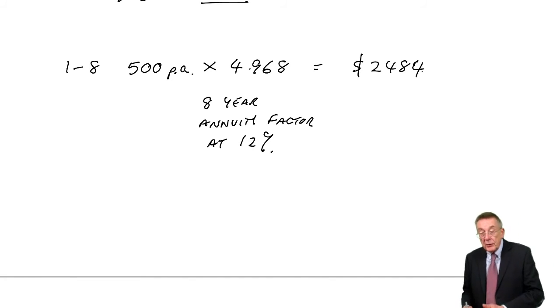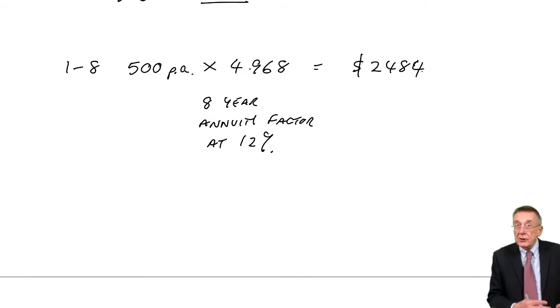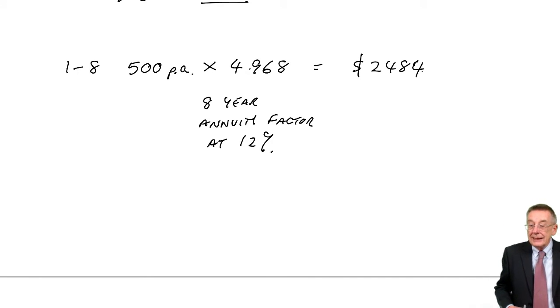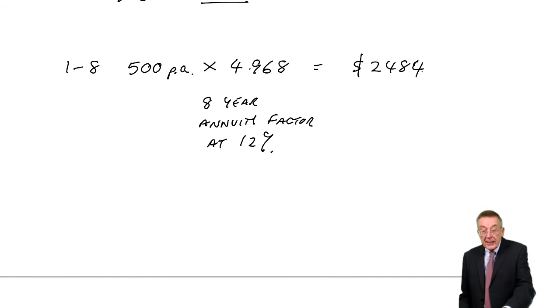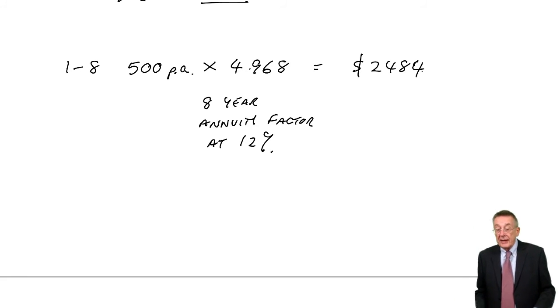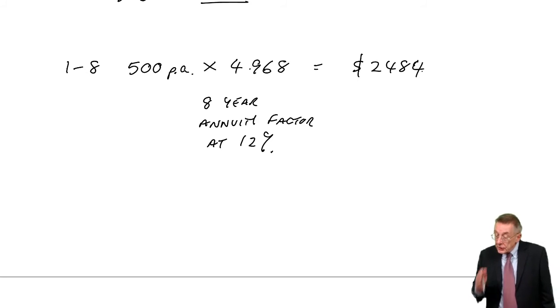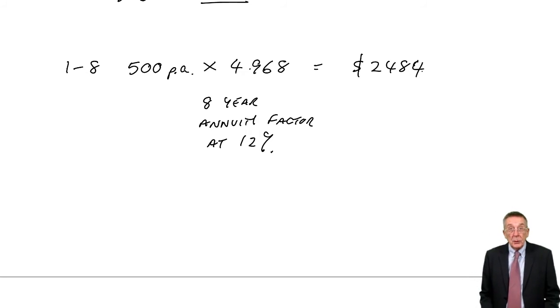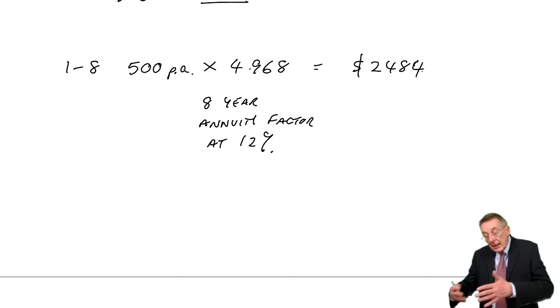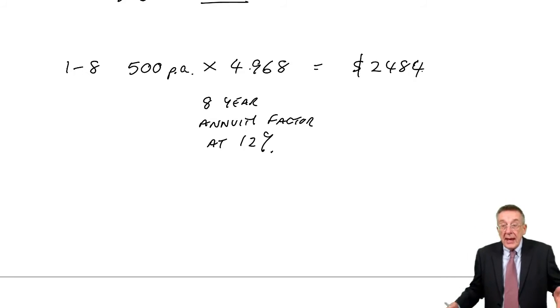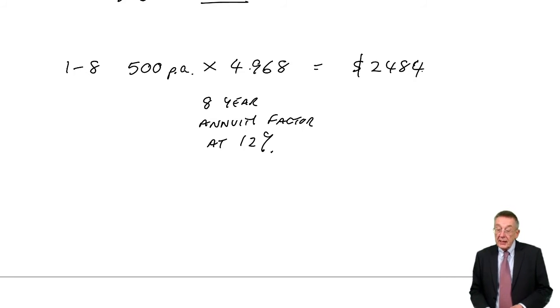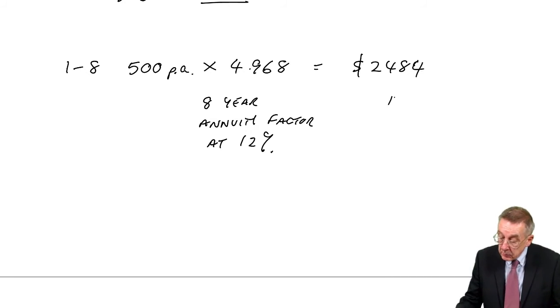Don't forget, 2484 now could be earning us interest. 500 a year, that's a total of 4,000, 8 years at 500, but that includes all the interest. Putting 2484 in the bank now, adding on interest, would effectively get us 500 a year for 8 years. That is the present value.